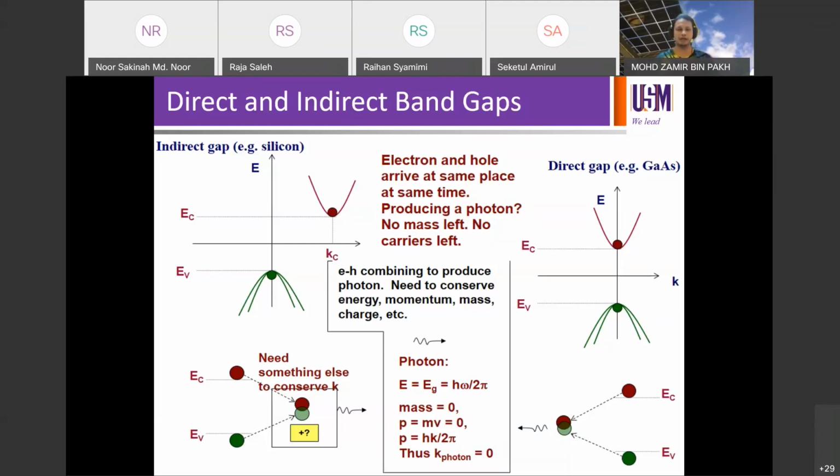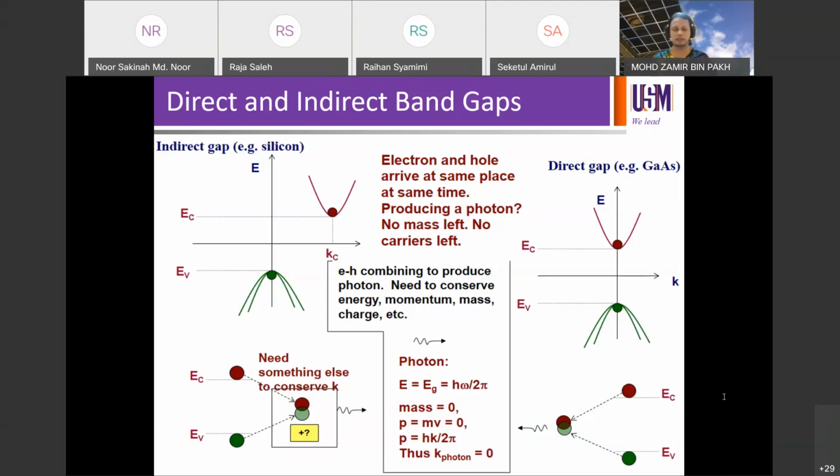So did you manage to find any answers on what conditions allow silicon to emit light? Anyone would like to share? Anyone found anything?